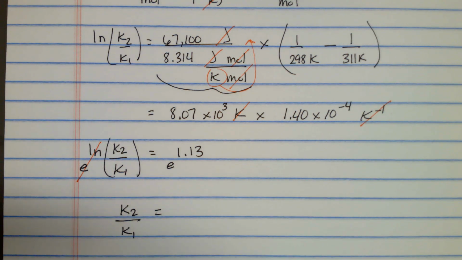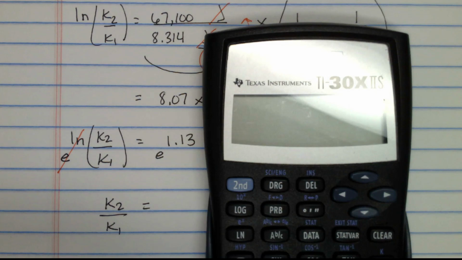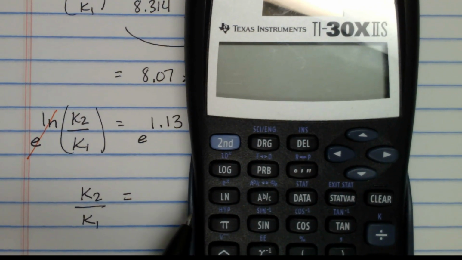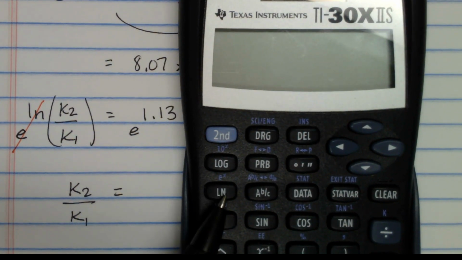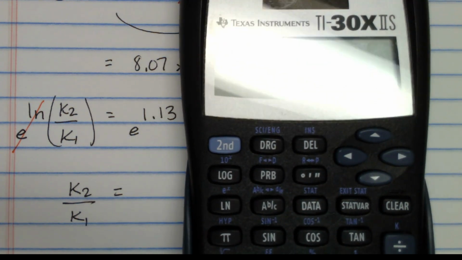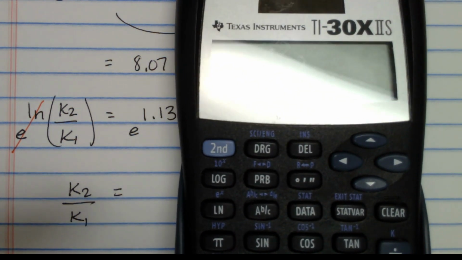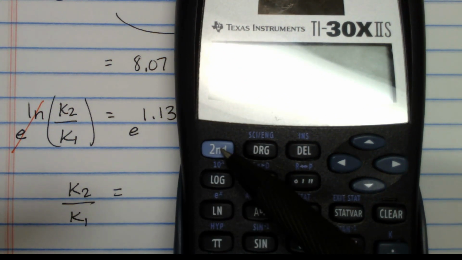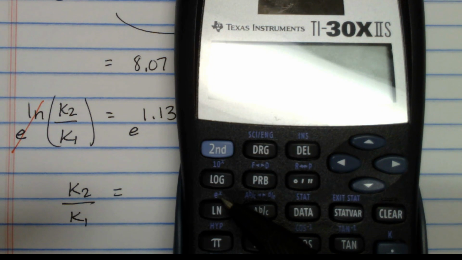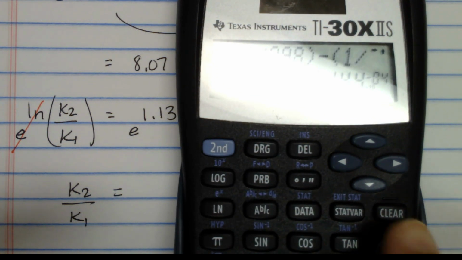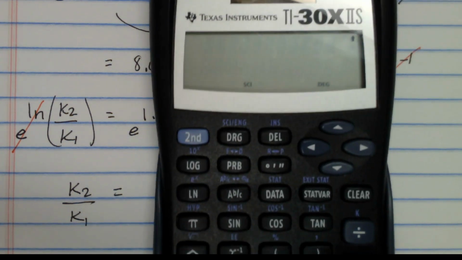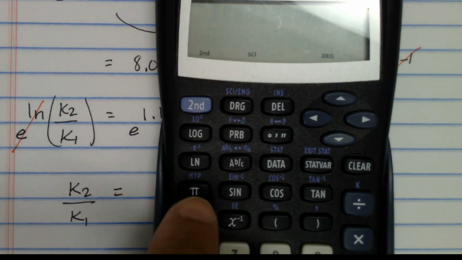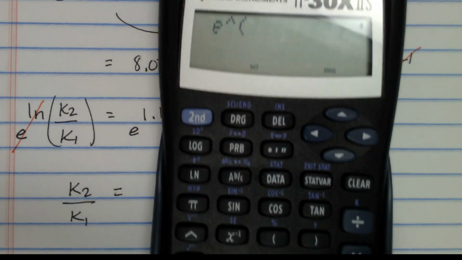Now let me show you this for students that haven't seen this before. If you look closely here, you'll see the natural log, ln. And right above that, it might be hard to see here on this calculator, but you'll see that e raised to the x right in here. So we'll have to do a second function and get that e raised to the x. Let me show you how to do that. So I'll press second natural log, and you see that e comes out.